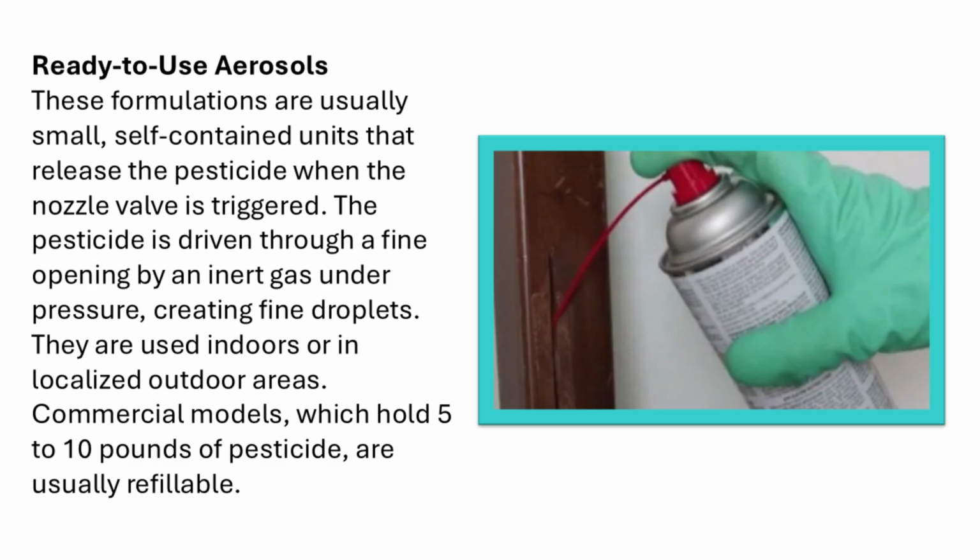These formulations are usually small, self-contained units that release the pesticide when the nozzle valve is triggered. The pesticide is driven through a fine opening by an inert gas under pressure, creating fine droplets. They are used indoors or in localized outdoor areas. Commercial models, which hold 5 to 10 pounds of pesticide, are usually refillable.